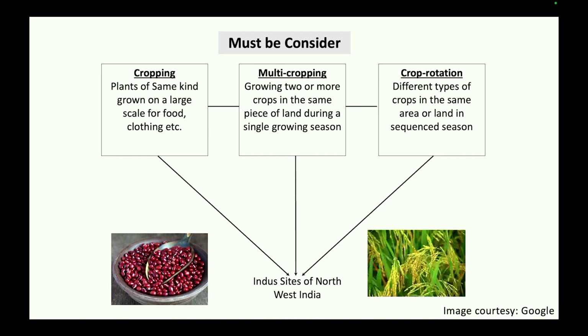So, all these practices are important in order to maintain the fertility of the soil. And it is really astonishing that the Harappans were well aware of this information to flourish their agricultural activities.